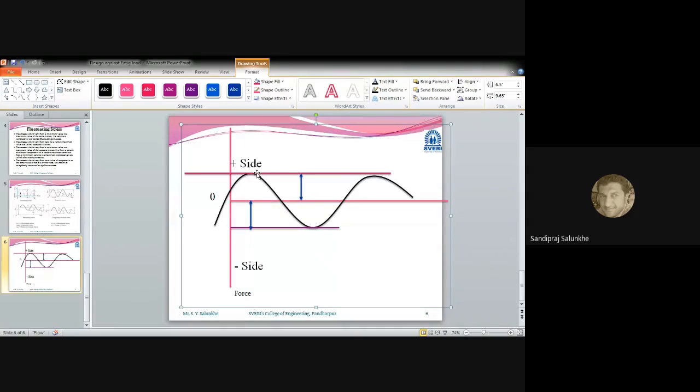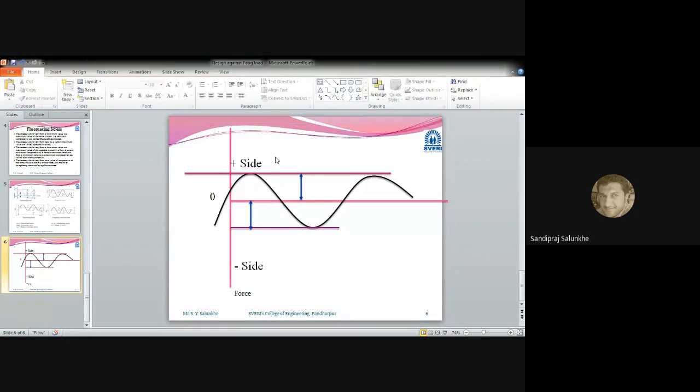There is the same amount of tensile load. This is the tensile side, and this is the compressive one.